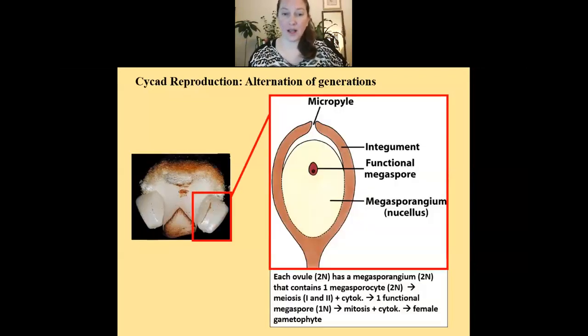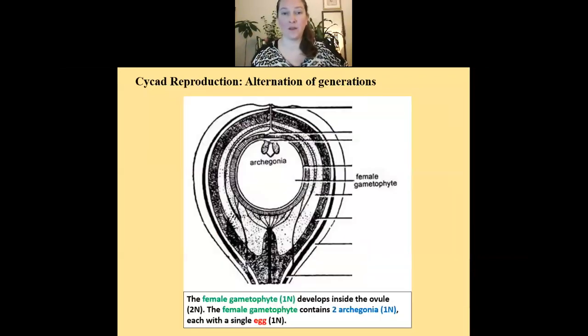Remember from this slide that the functional megaspore inside of the ovule is going to undergo mitosis and cytokinesis to produce female gametophyte. So here is that. This is the finished product. This functional megaspore has gone on to grow into female gametophyte, which stays inside of the ovule.